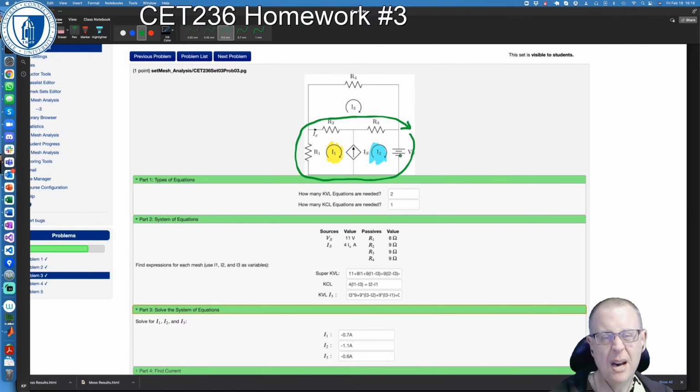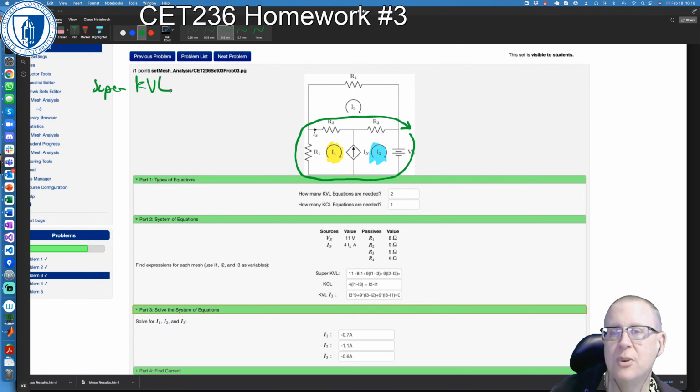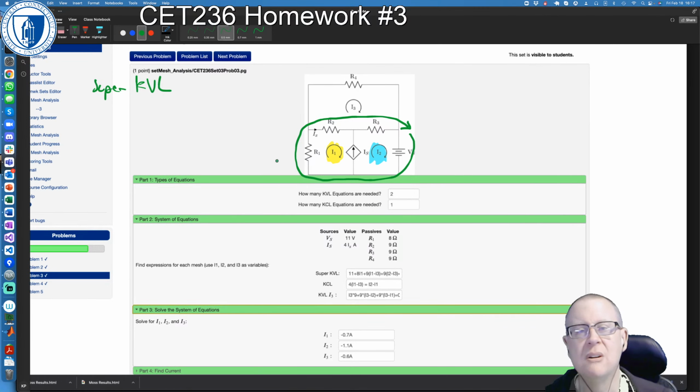So the first part asks for the super KVL. So let's do the super KVL, super Kirchhoff's voltage law. And I'm just going to run through it. So this is going to be a plus and a minus and a plus and a minus, and this one's going to be a plus and a minus, a plus and a minus.